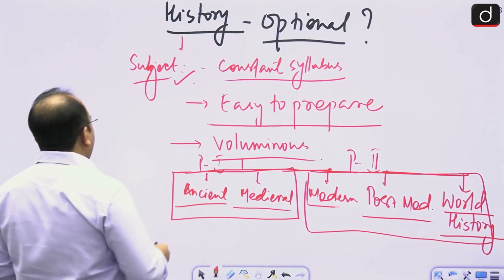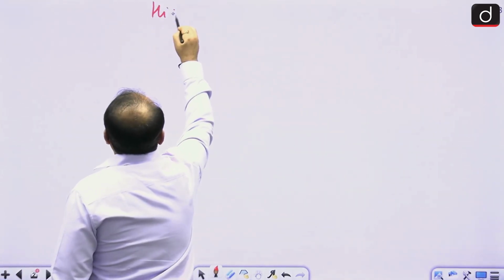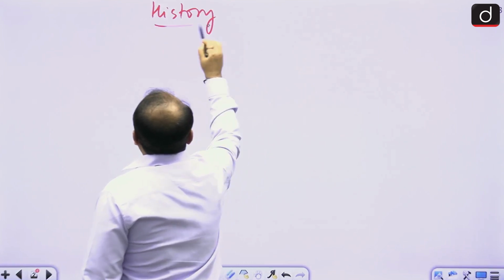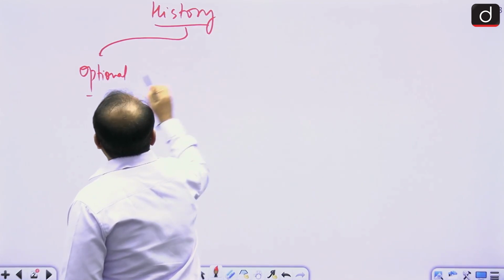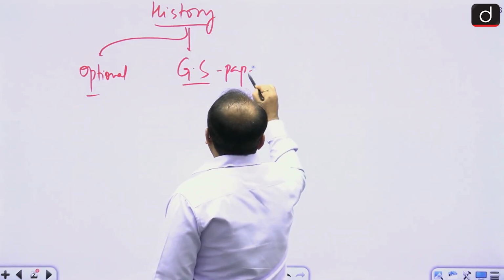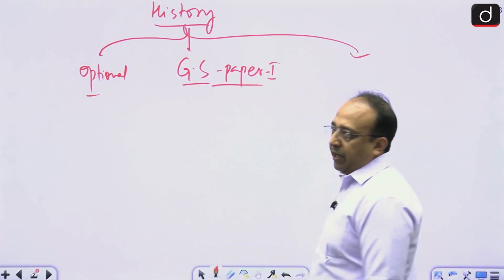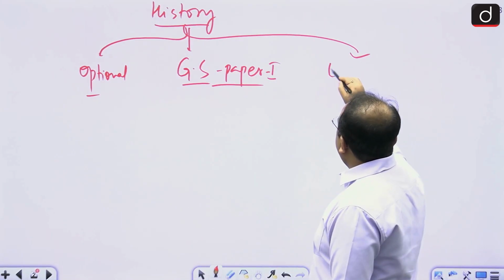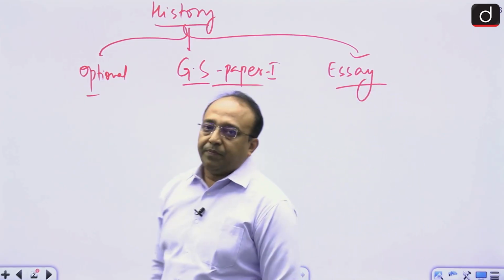Another important thing about the relevance of this subject of history: it is relevant everywhere, not only as an optional, but at the same time it is relevant in the context of GS paper 1 directly and other papers also indirectly. It is also relevant in the context of essay topics as well.